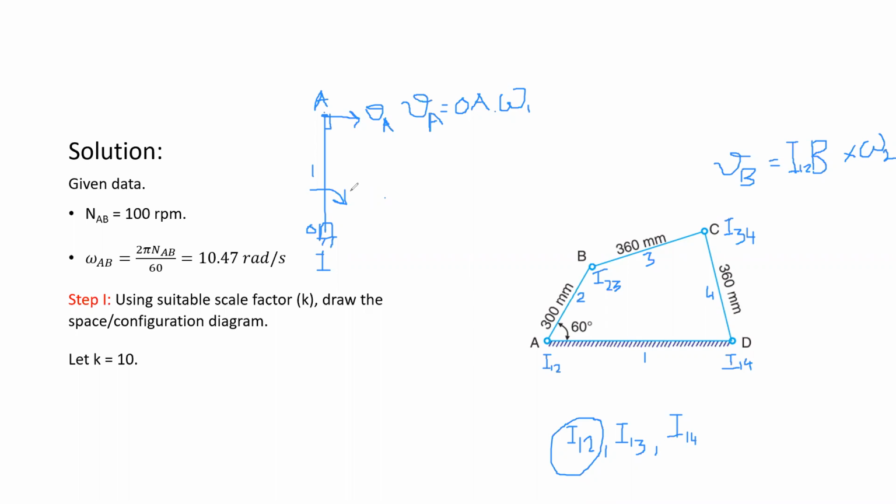Okay, so see, now okay, 5 minutes में शायद ये concept हो सकता है. Now I am going to locate the I13. कैसे locate करता हूँ देखो. See, first I have to find out the direction of velocity of point B. Okay, so point B का direction क्या होगा? Perpendicular to the radius.